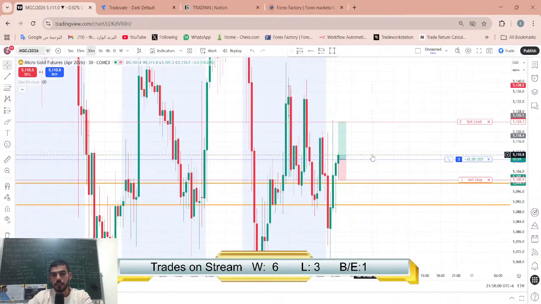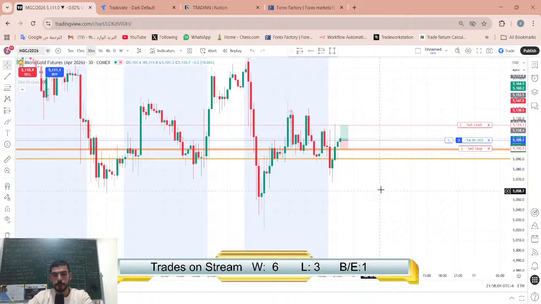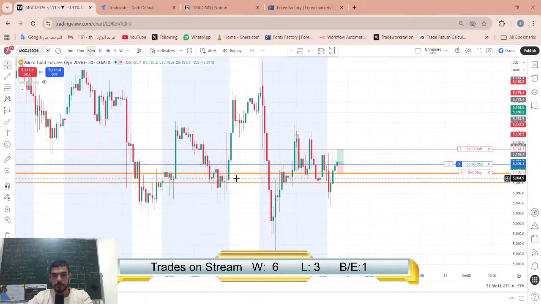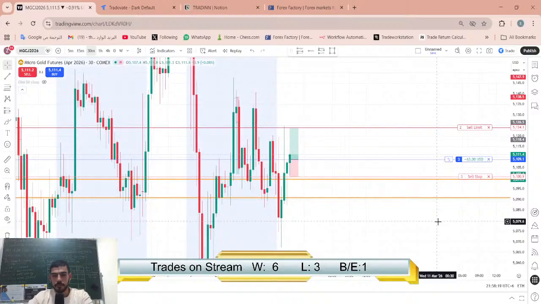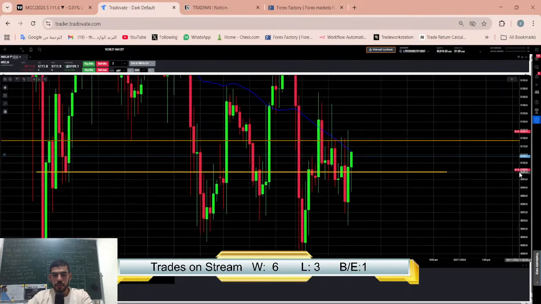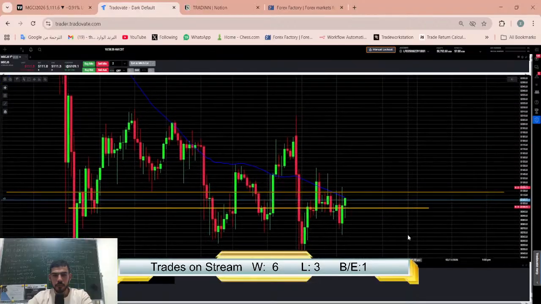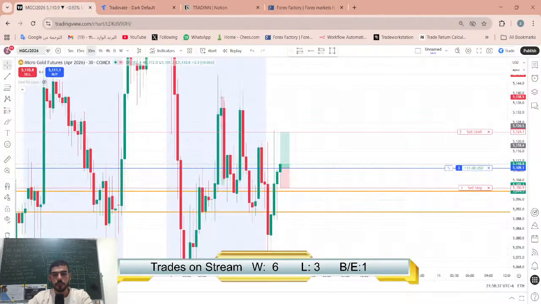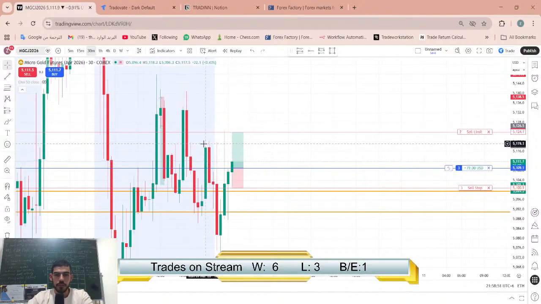Okay, it's moving a little bit now. So when it fills the wick, I'm going to move my stops to break even, after it fills the wick, a little bit to this rejection area right here.